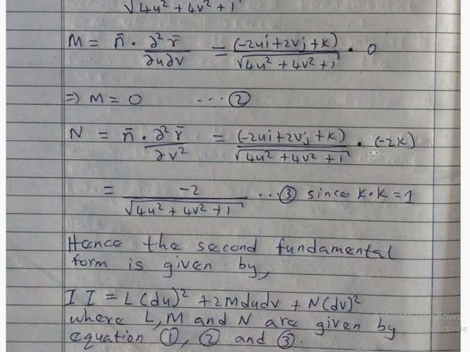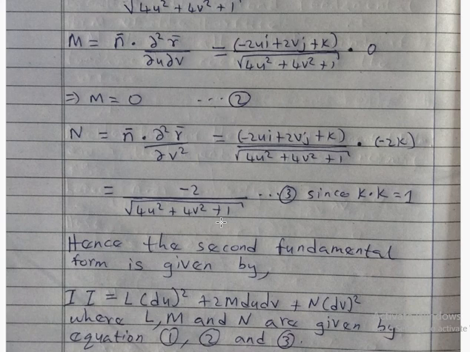So when we find the dot product, we are only going to have k dot negative 2k. k dot k is 1, so you'll have 1 times negative 2, which is negative 2, and therefore N is negative 2 over the square root of 4u squared plus 4v squared plus 1.